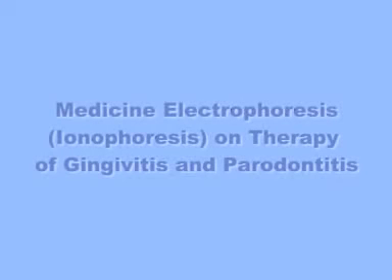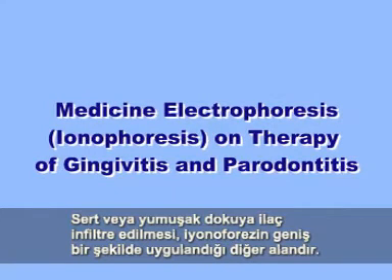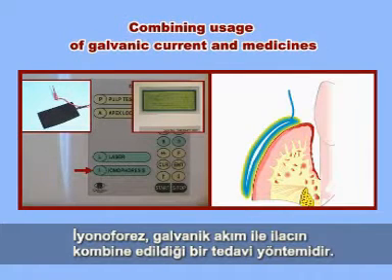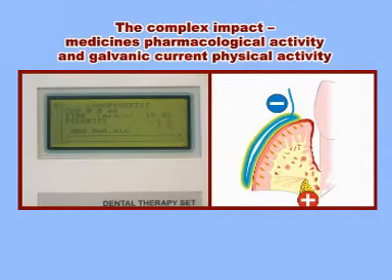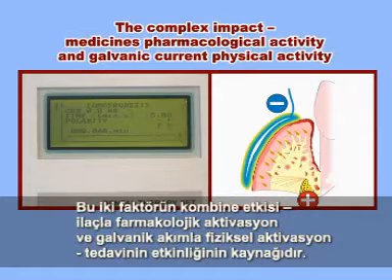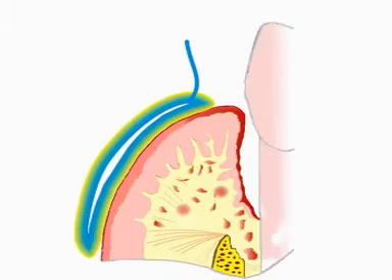Another area with large application of the device for ionophoresis is infiltration of medicines into hard and soft tooth tissue. Ionophoresis is a treatment method combining usage of galvanic current and medicines. The complex impact of these 2 factors, the medicine's pharmacological activity and the galvanic current's physical activity, sets up the therapy's effect.